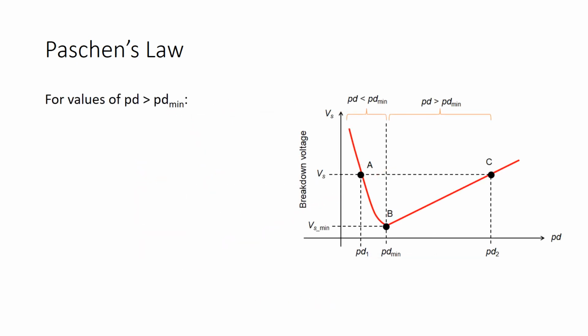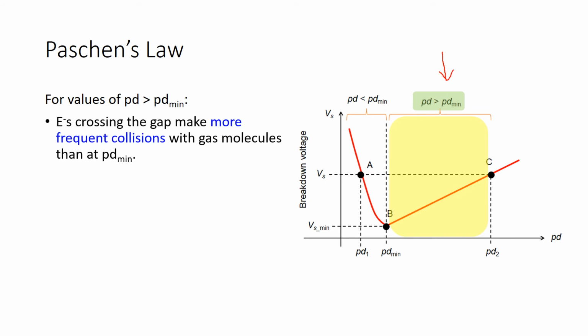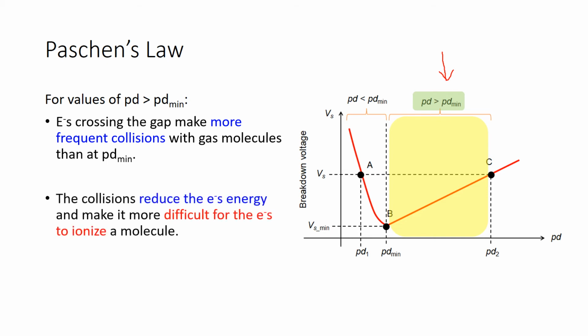For values of rho d greater than rho d minimum, so we are talking about this region here, the electrons crossing the gap between the two electrodes make more frequent collisions with the gas molecules than at rho d minimum. And the collisions reduce the electron's energy, and therefore that will make it more difficult for the electrons to ionize a molecule.